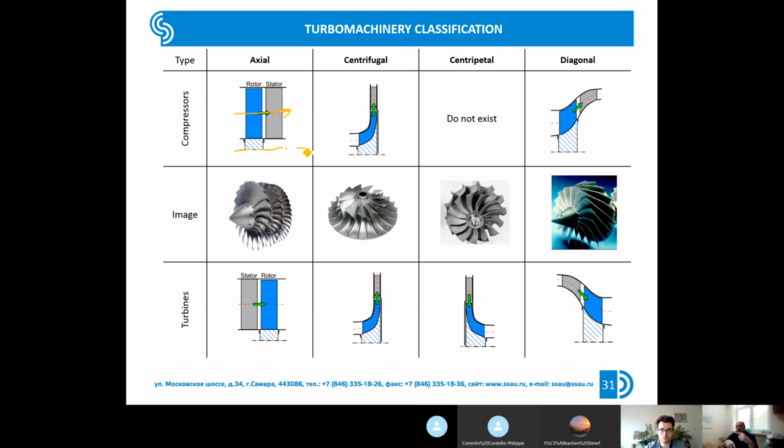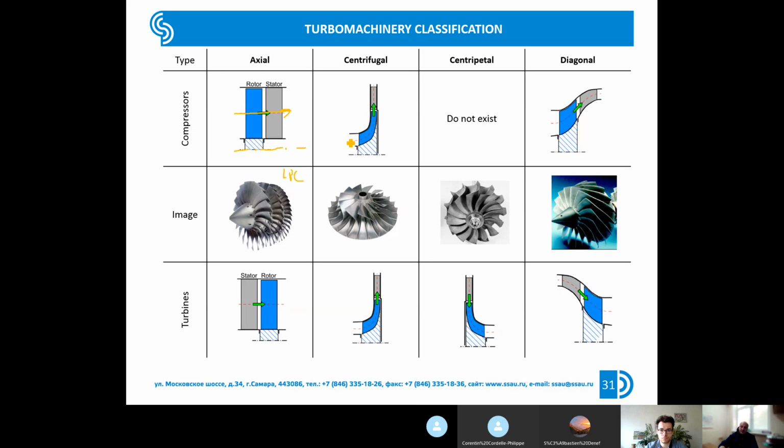The flow direction could deviate a little, maybe 10-15 degrees, from the axis. Such turbomachinery is called axial turbomachinery, and here you see an example of an axial three-stage low pressure compressor.